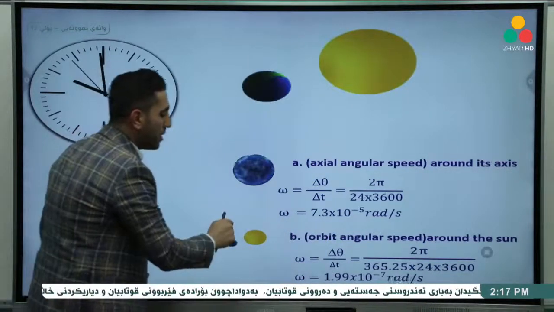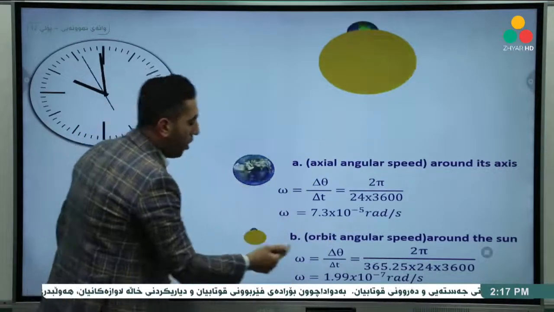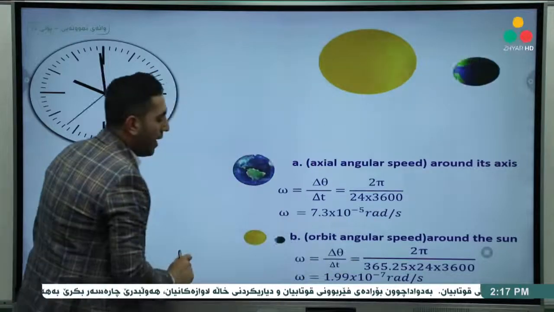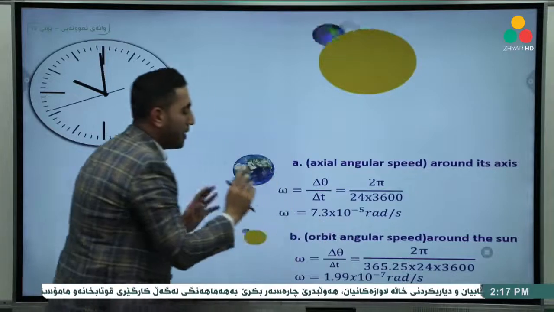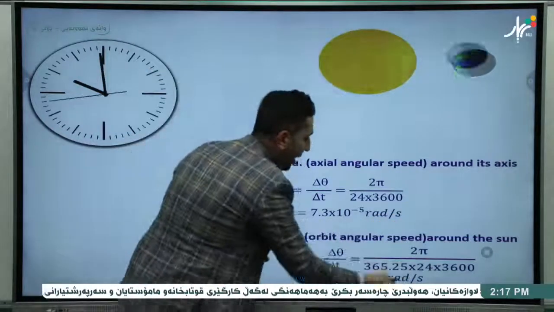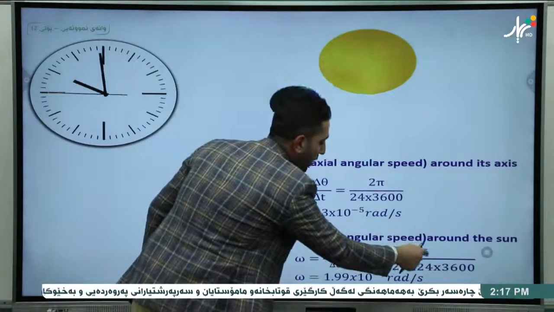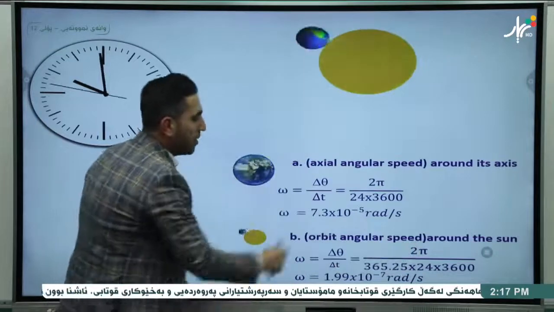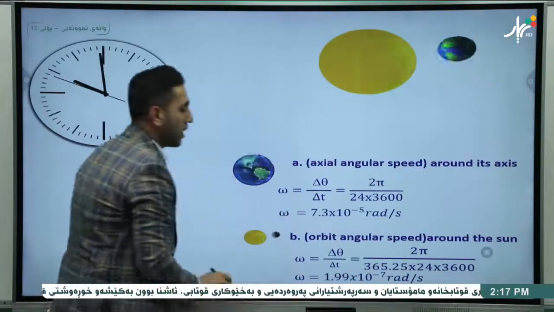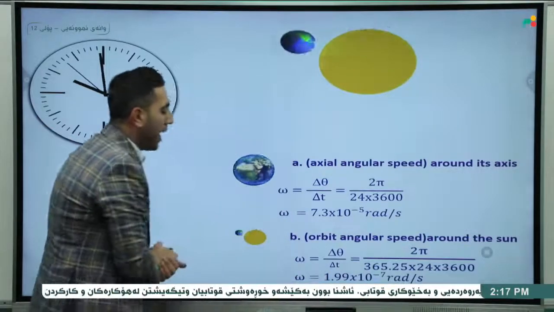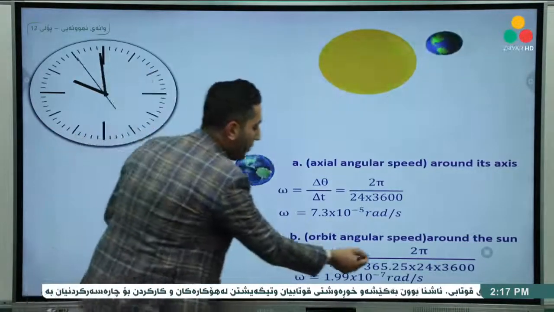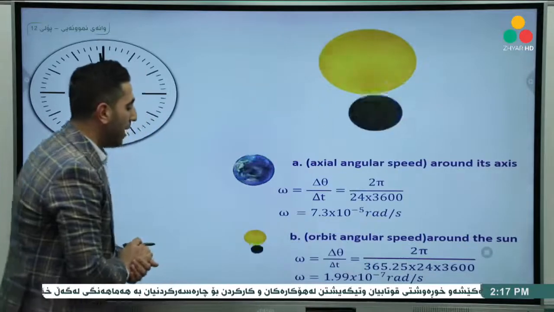The time is equal to 1 year, or 365.25 days, converted to seconds by times 24 hours times 3,600. The result is 1.99 times 10 to the power negative 7 rad per second.